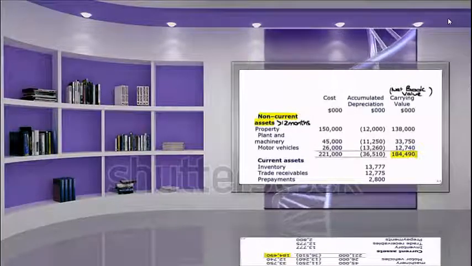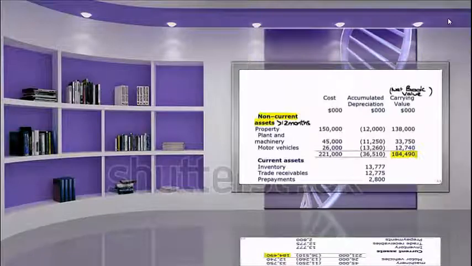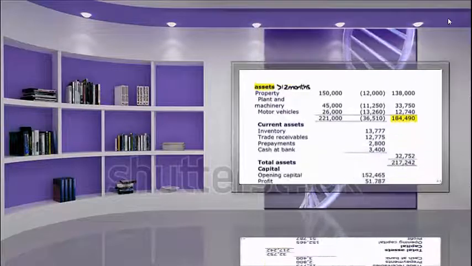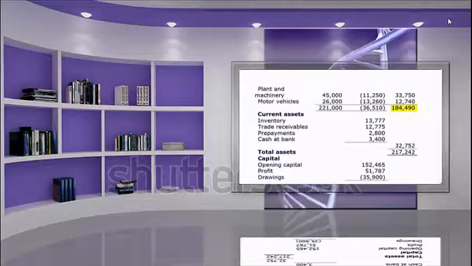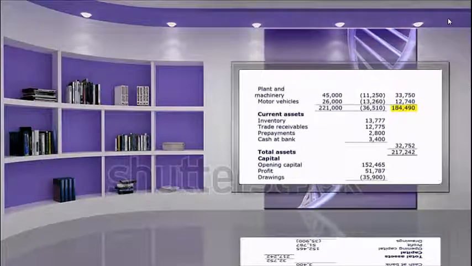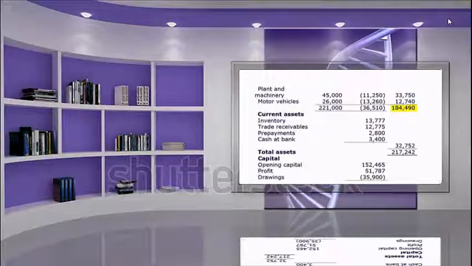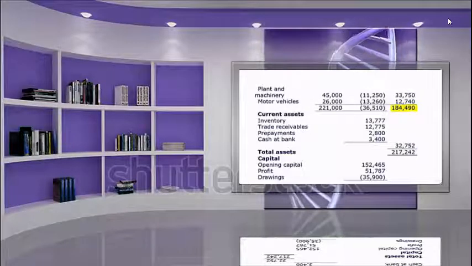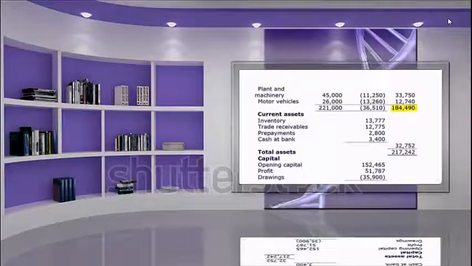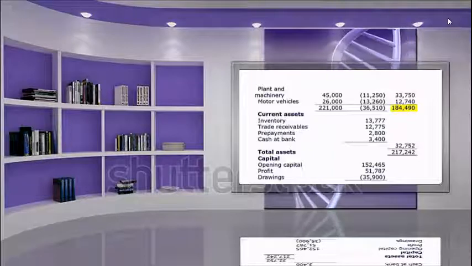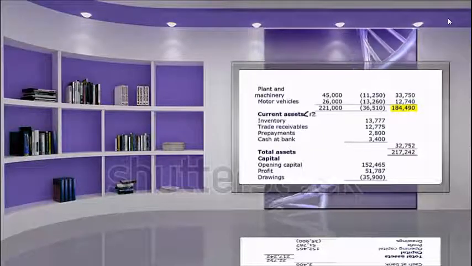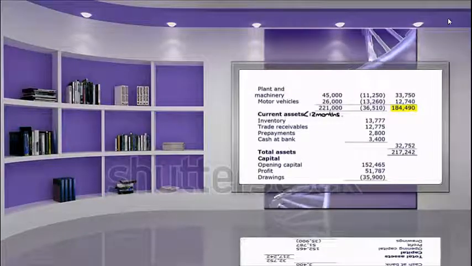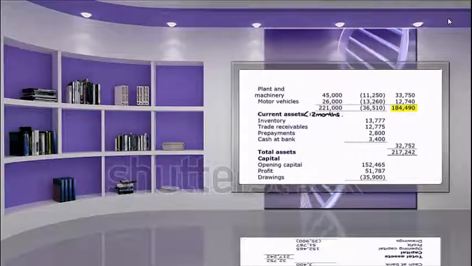So let's have a look at our other form of asset, which is known as a current asset. Now, current assets are short-term assets. They're assets we're going to keep in the business for a period less than 12 months. Okay, so short-term assets.